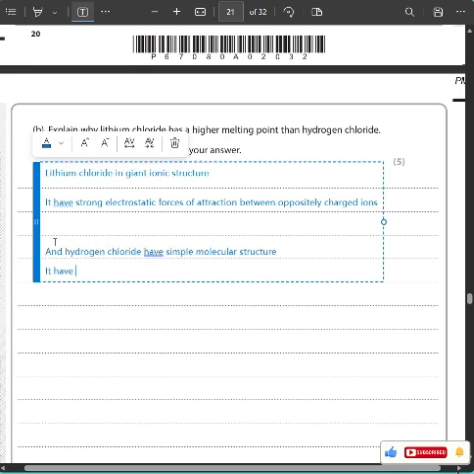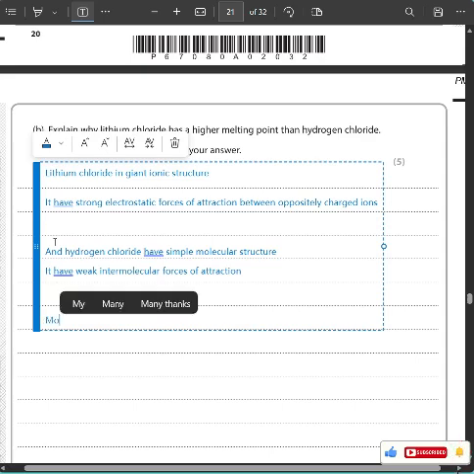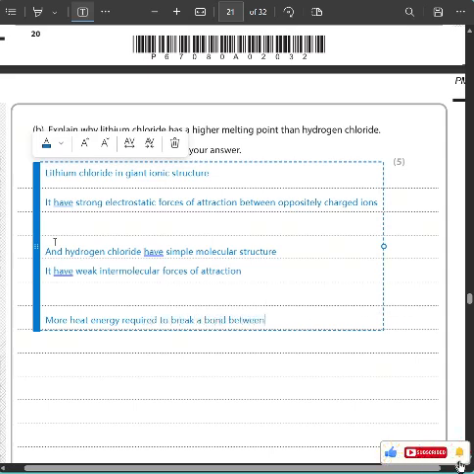It has weak intermolecular forces of attraction, and the main reason is more heat energy is required to break the bond between lithium and fluoride ions.